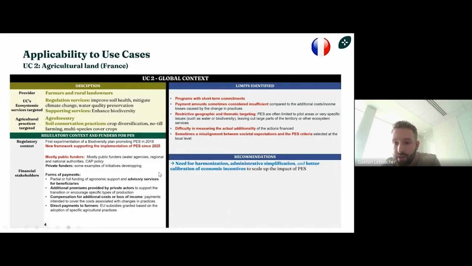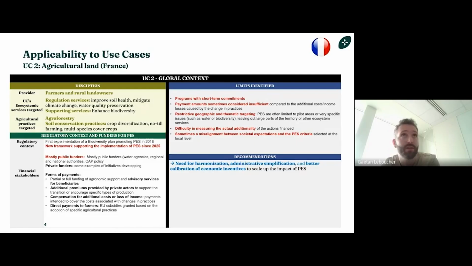In the limits, I won't go into that detail. You will have the presentation later, but maybe it's interesting to say something about the long-term commitments. Usually we observe short-term commitments, so the providers are maybe overcautious without this long-term strategy. And there are some difficulties in measuring the actual benefits of each ecosystem service.